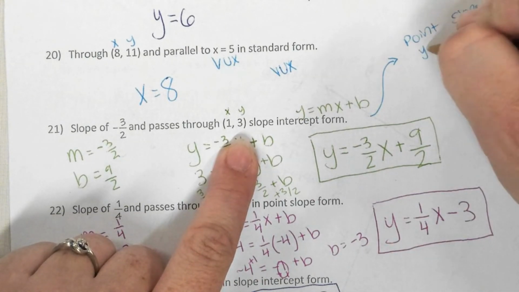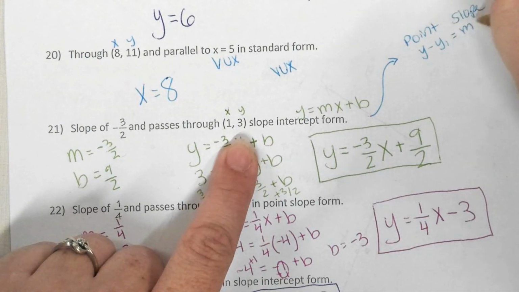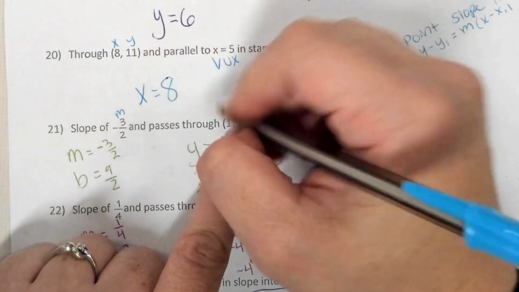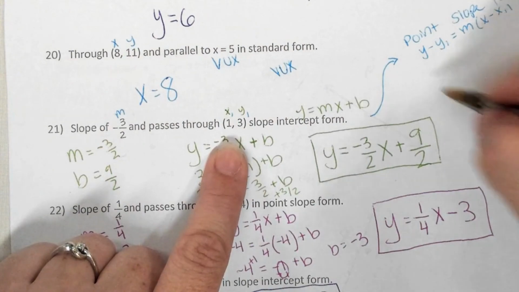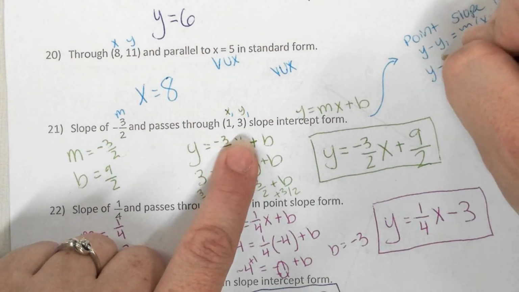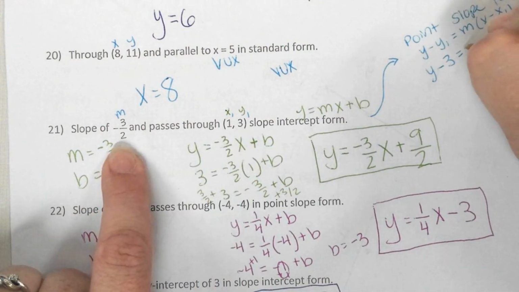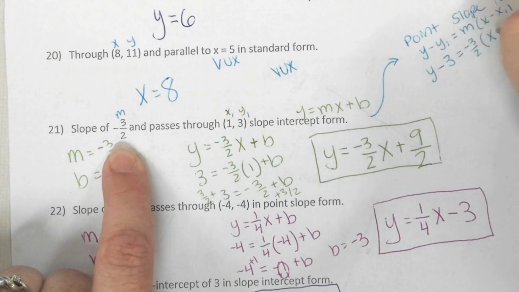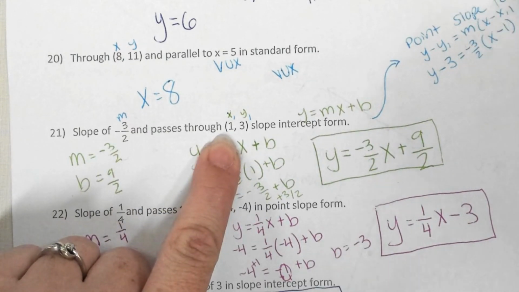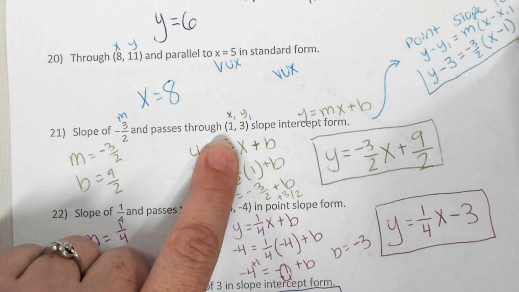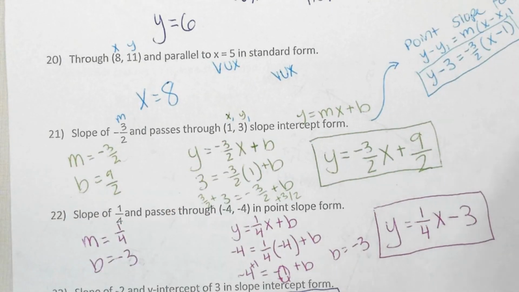So remember, point slope is y minus y1 equals m times x minus x1. So this is my m, this is my x1, y1. So y minus 3 equals my slope, x minus x1, which is 1, that would be my answer. Don't overthink it.